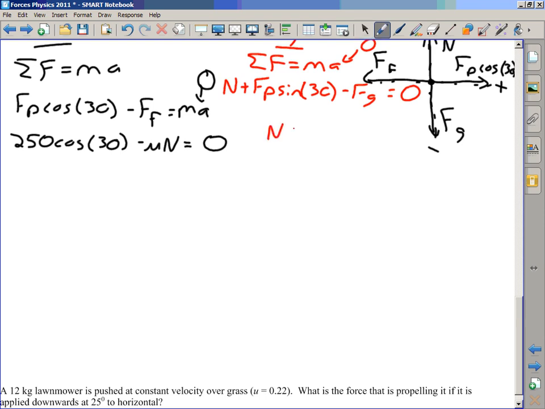Normal is going to be equal to, subtracting Fg and subtracting force of push sine 30 over to the other side, so technically adding Fg, I'm going to have force of gravity minus force of push sine 30. Everybody see that?